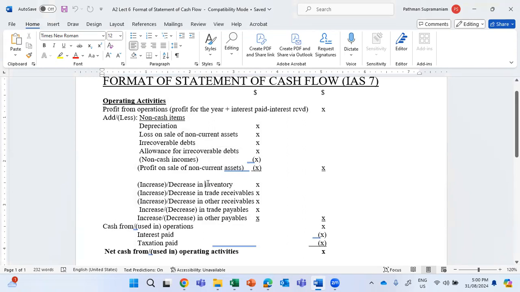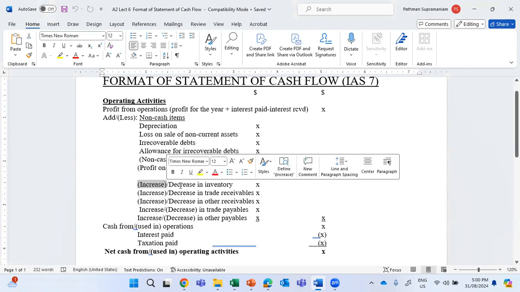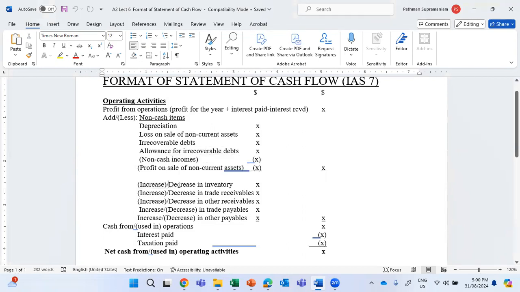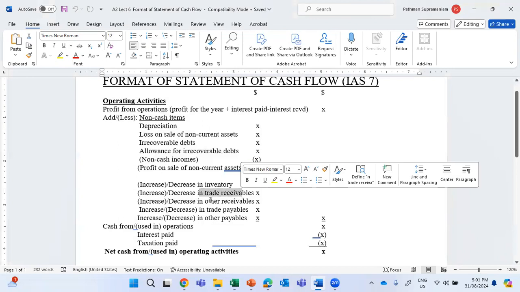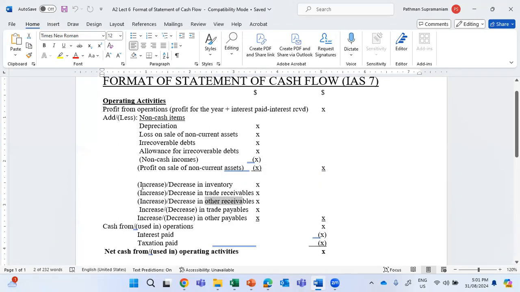So for all assets, if it's increased, that means you're paying for it. So it's an outflow. Hence, increase will be seen in brackets. When assets decrease, that means you're selling them and receiving money, so decrease is an inflow. So anything asset in nature, such as inventory, trade receivable, other receivable, when they increase, it's an outflow. When they decrease, it's an inflow.